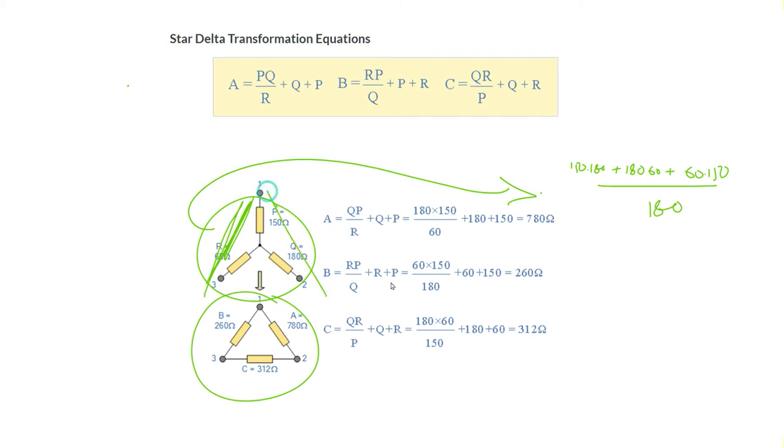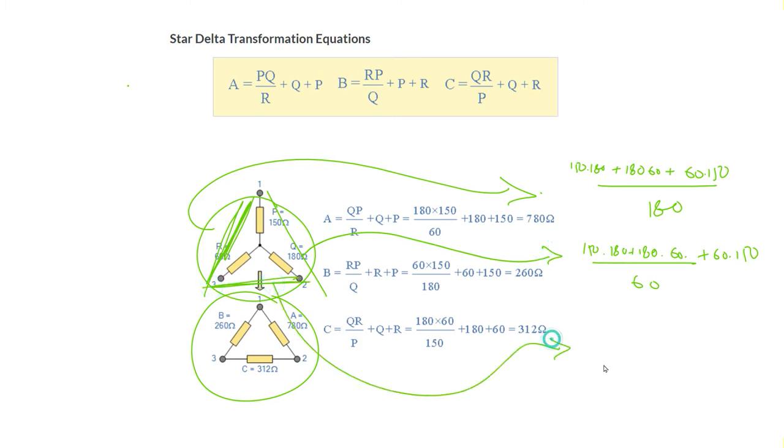Similarly, this line will be calculated as divided by 60, with 150 into 180 plus 180 into 60 plus 60 into 150. Similarly, this line would be calculated with 150 in the denominator and the same numerator.